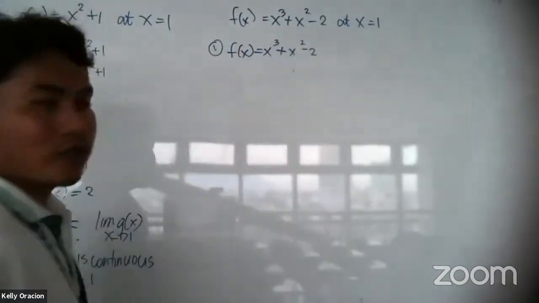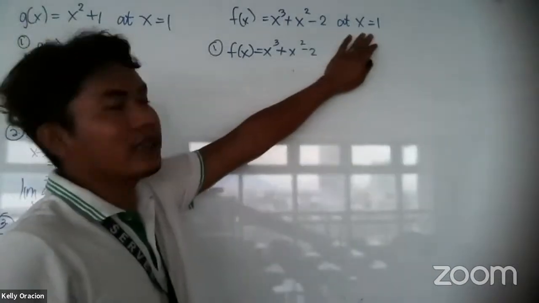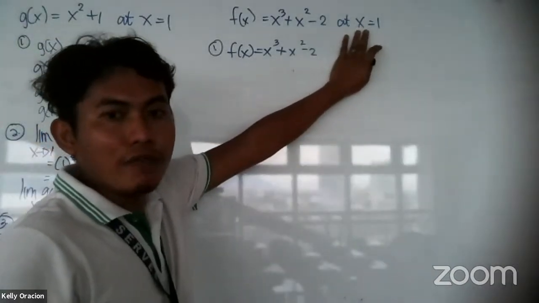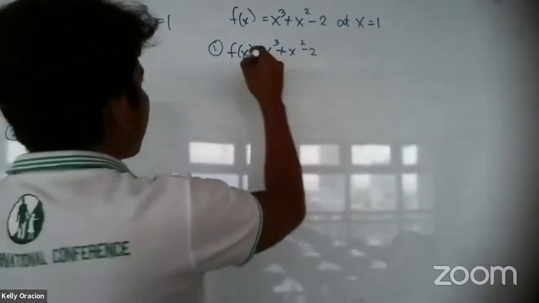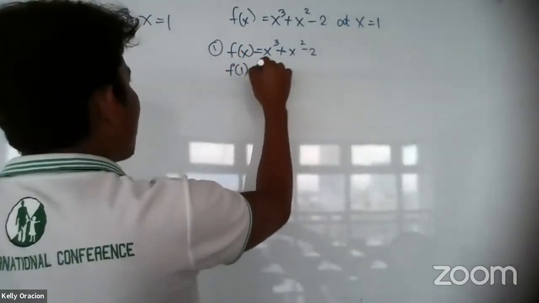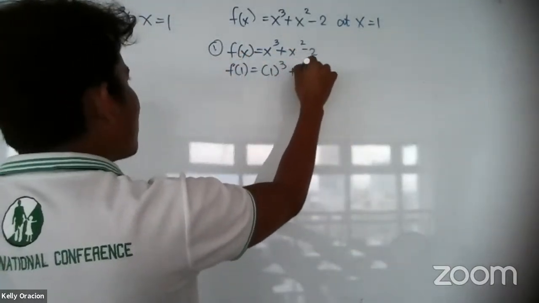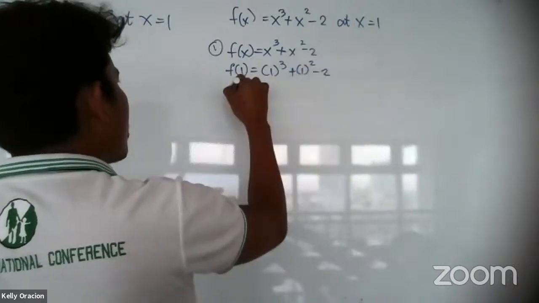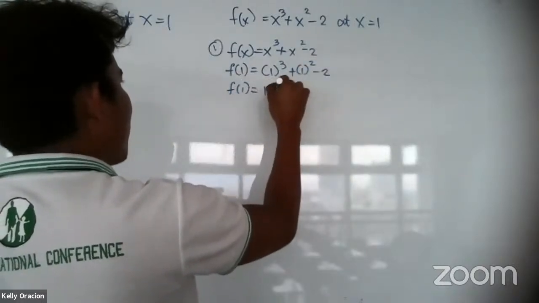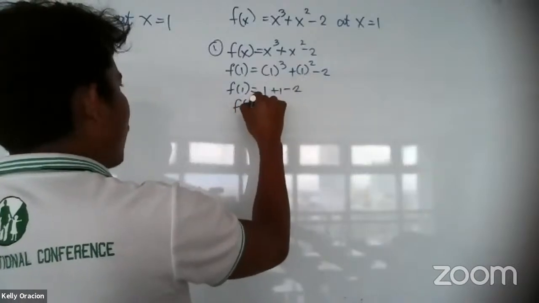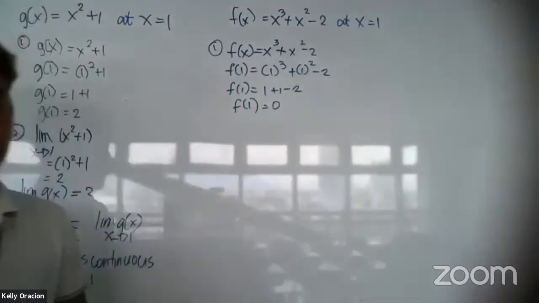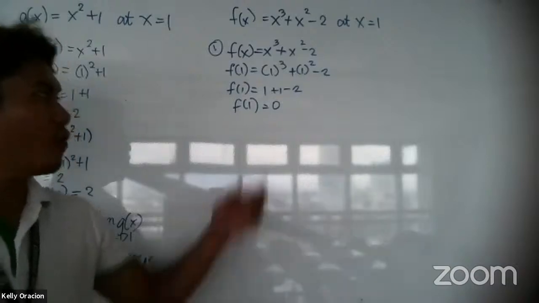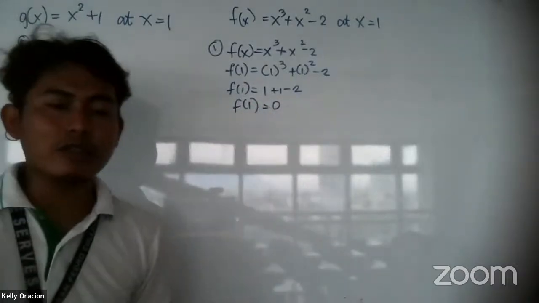This is our given function, and the point is x equals 1. So f of 1 is equal to 1 cubed plus 1 squared minus 2, which is 1 plus 1 minus 2. So f of 1 is 0. The value of your first condition is 0.